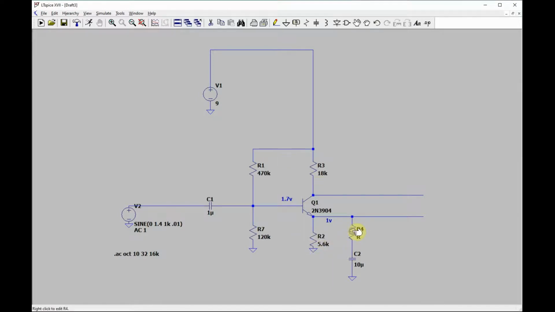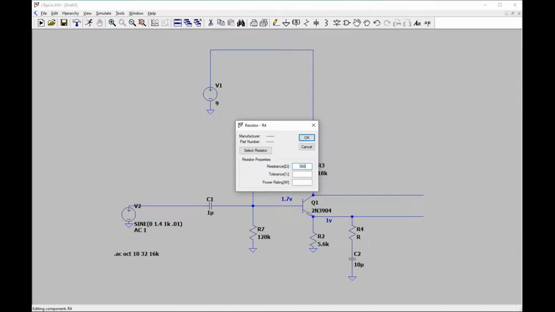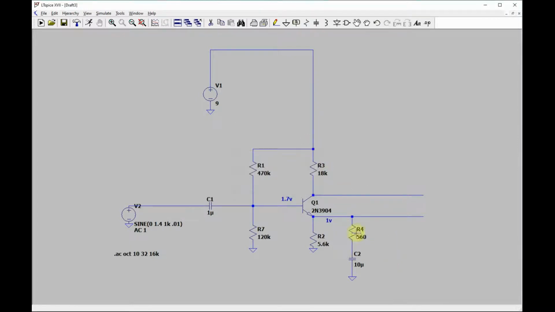But you can actually just put in a 560 ohm resistor here, and the AC signal will see this paralleled with this, and this AC impedance is way higher than this. So when you parallel these two together, this is the one that's important.